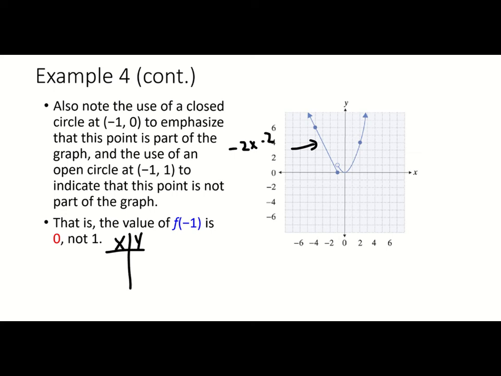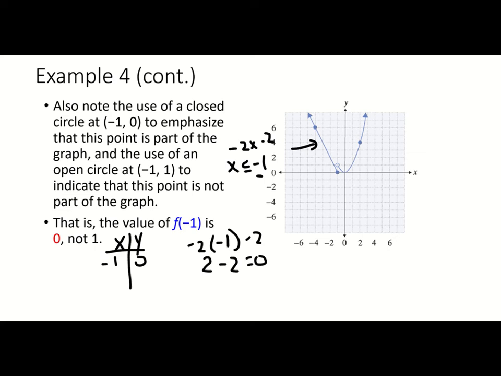So before, for the negative 2x minus 2, it was x is less than or equal to negative 1. So negative 1 is your starting point. So when you're finding points to graph, you always want to put that negative 1 in there. So I would evaluate it, and I would do negative 2 times negative 1 minus 2. So that's going to give me 2 minus 2 and give me a 0.